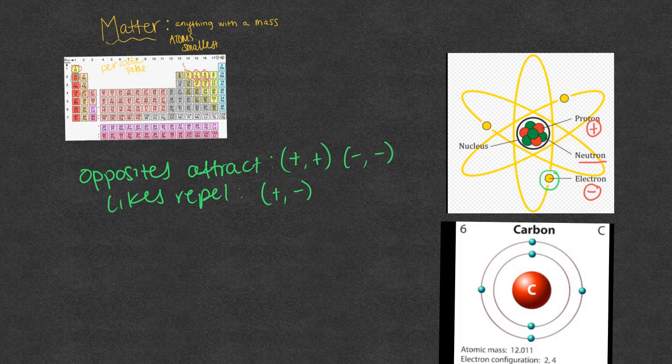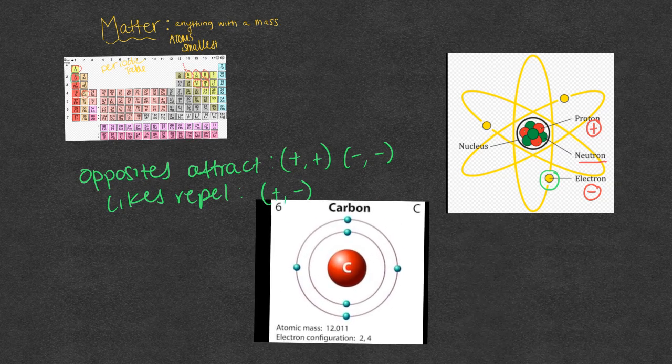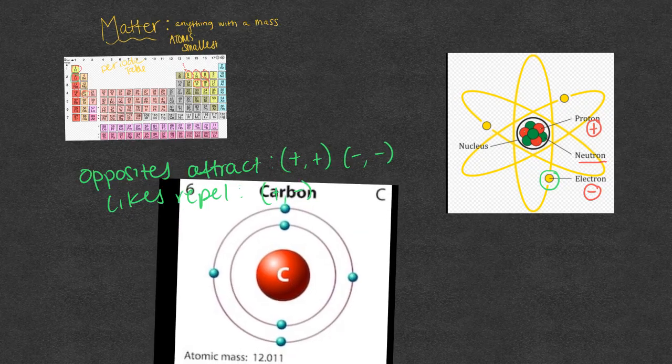Let's look at this carbon atom here. So we see this is a drawing. This is the nucleus. It's not showing us the protons and the neutrons, but if this is non-charged, to make this carbon, this would have 6 protons, 6 neutrons inside of the nucleus, and we can count 1, 2, 3, 4, 5, 6 electrons.